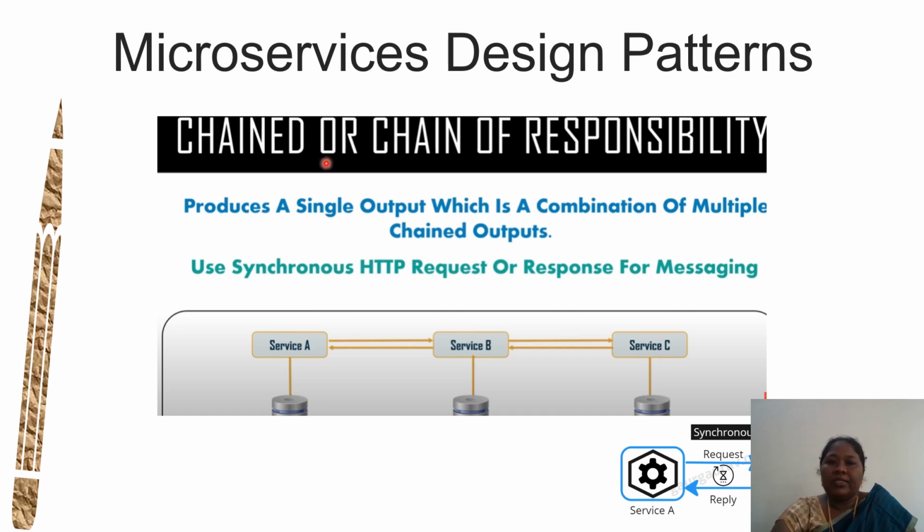The next design pattern is called chained, or chain of responsibility. For example, your request comes to a single entry point, but it is handled by multiple services, and at last you receive a single output, which is the combination of multiple chained outputs. For example, we generate a progress report for each student.